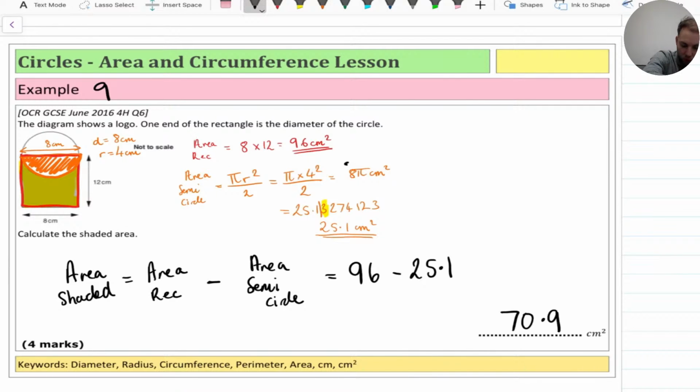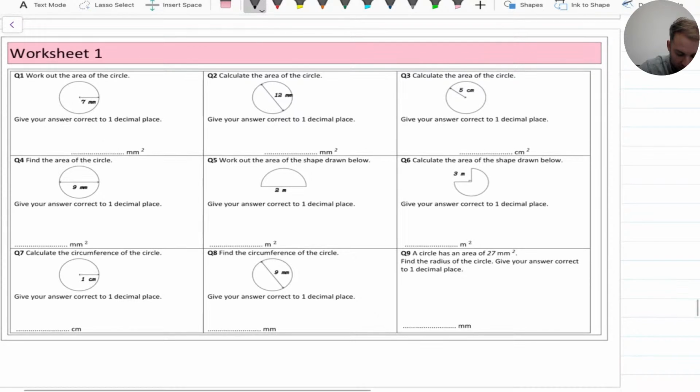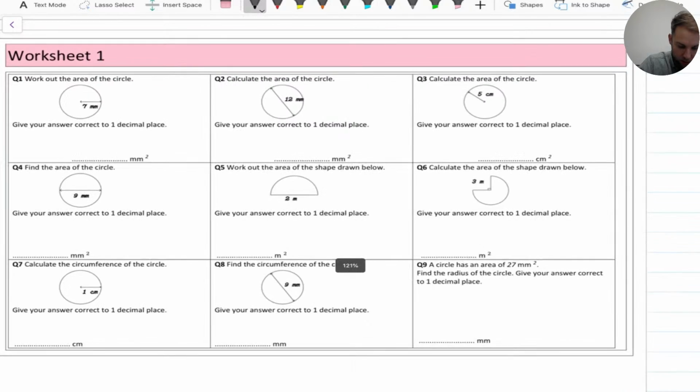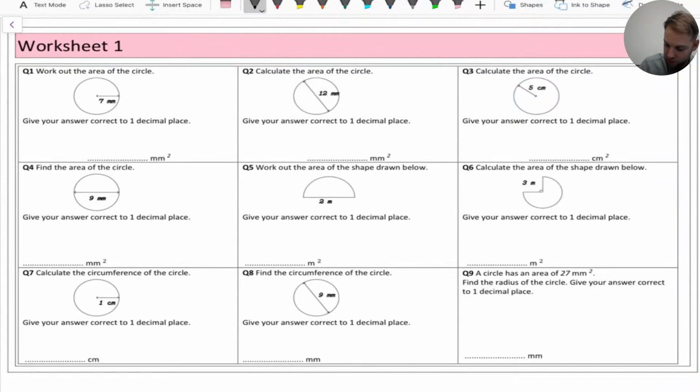Okay, so that's all of the questions. So that's all of the modelling to do for area of a circle and circumference of a circle. If you're catching up later on YouTube, then pause now and have a go at these questions.